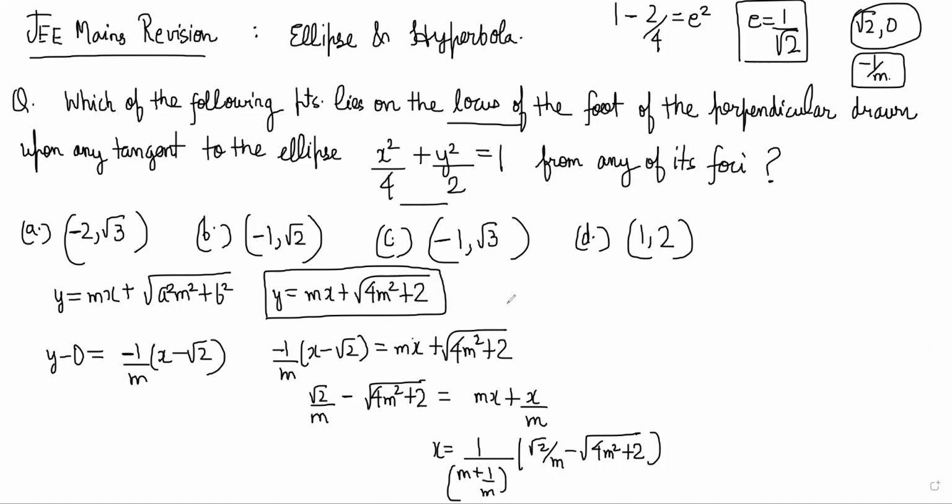We can say both of them will pass through h comma k. You can put h comma k there. But the lines are not identical, so you cannot compare them directly. You still have to solve.